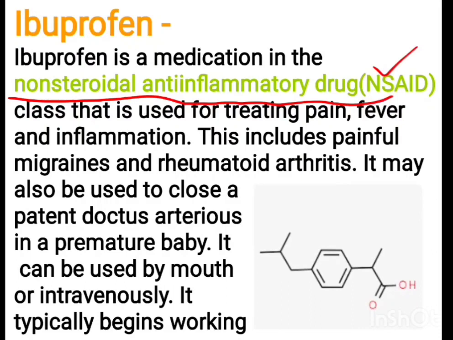Rheumatoid arthritis can also be cured, and it may also be used to close a patent ductus arteriosus in a premature baby, who is not mature enough. So they are termed premature.